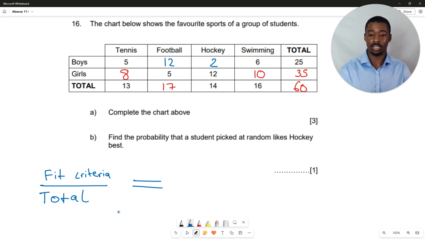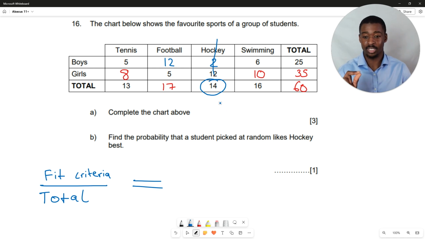So let's try and use this framework. How many of these students fit our criteria? What is our criteria? Our criteria, our rules are that the student must like hockey best. Girl or boy, they must like hockey best. So here, there are 14 students that fit our rules, that fit our criteria.